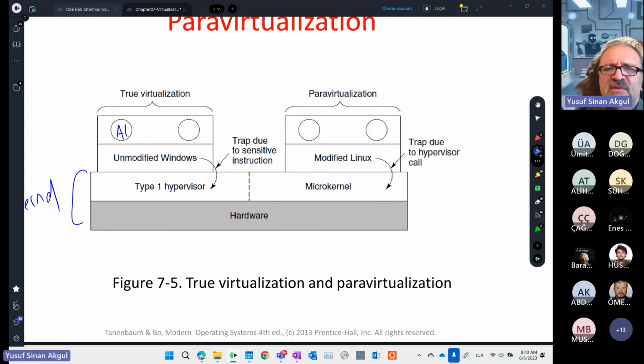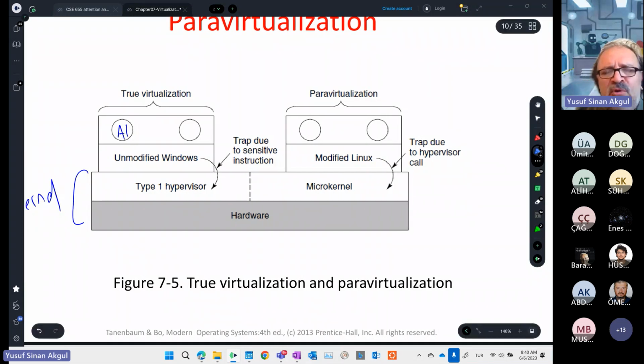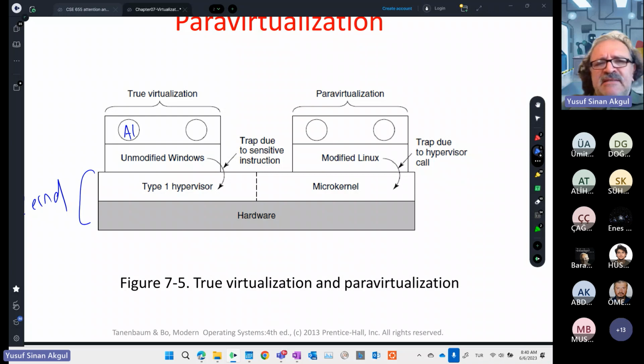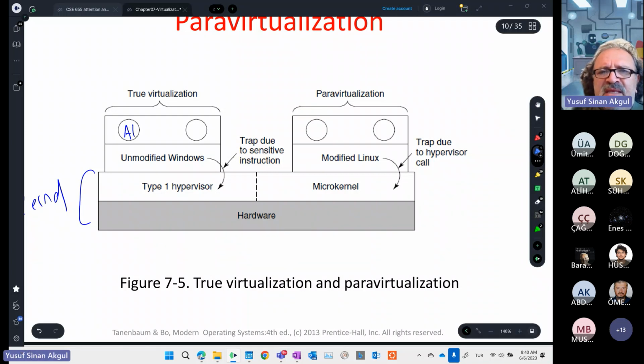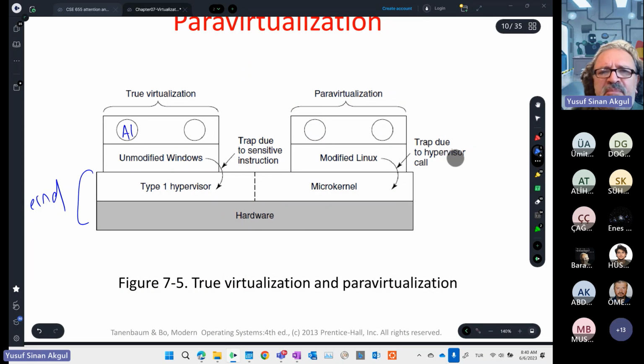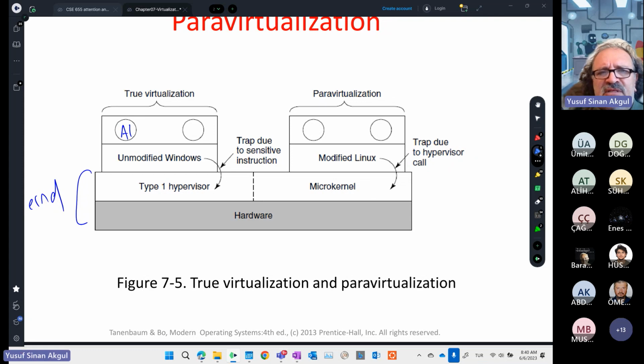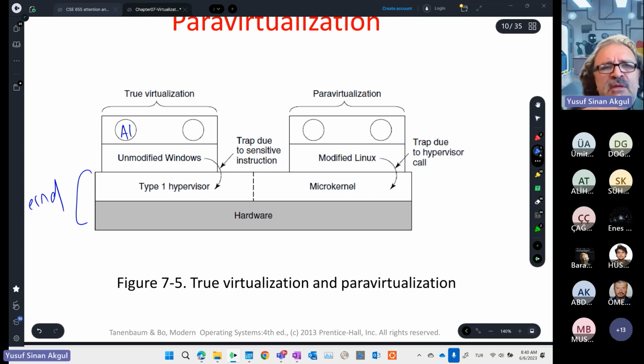So this one becomes a more abstract operating system. And this Linux knows that it doesn't have the right to access the hardware, so it makes a hypercall to this microkernel. This Linux is modified. Okay, so it makes things a lot easier.